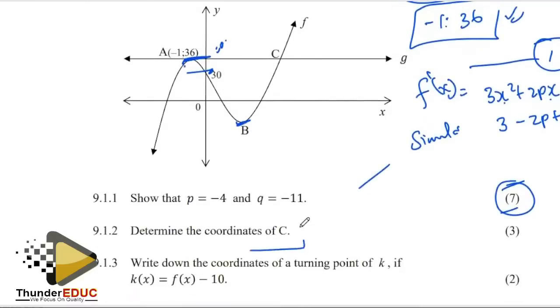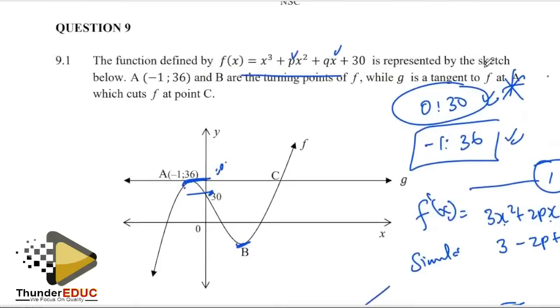Then they ask for the value of c. Okay. So with c, we know that this line is parallel to the x-axis. Is that true? While g is that which cuts f at c. It looks like yes, it's parallel to the x-axis.